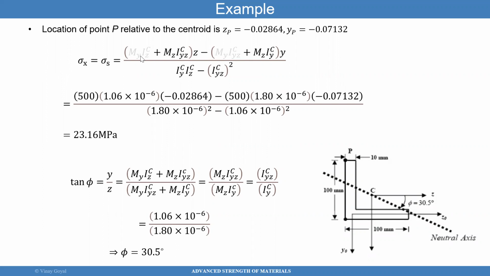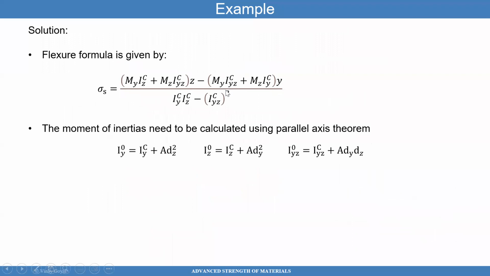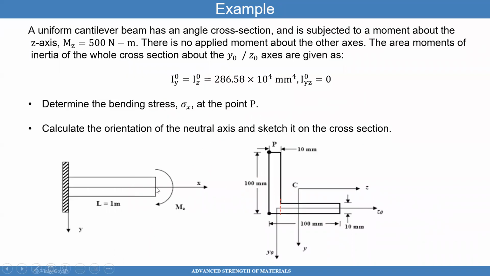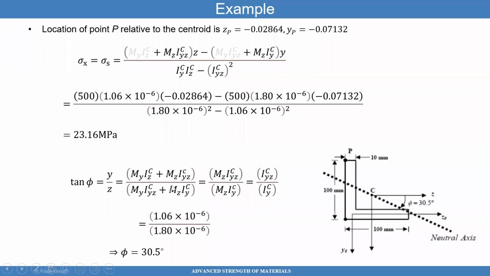There was an error. My is 0 per the problem statement. You can see that here. No, My is given. It's telling us that only Mz exists. So that was an error that I have fixed. So Mz is 500. I know this number. That's that number. And then it's asking us what is the stress at point P right here.